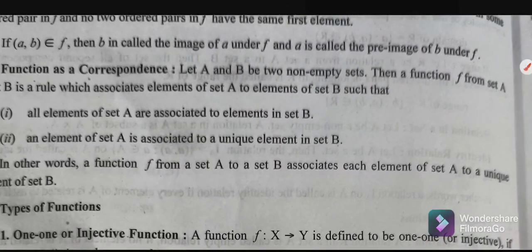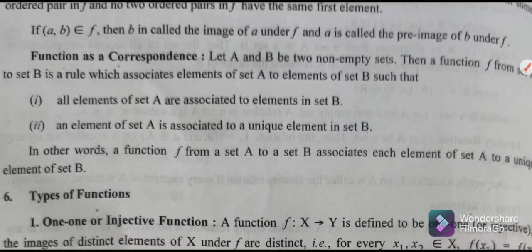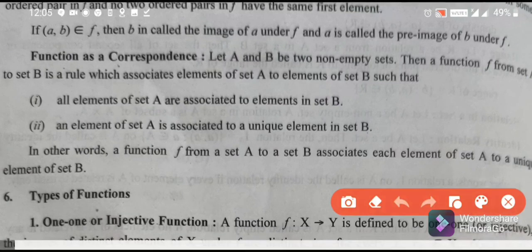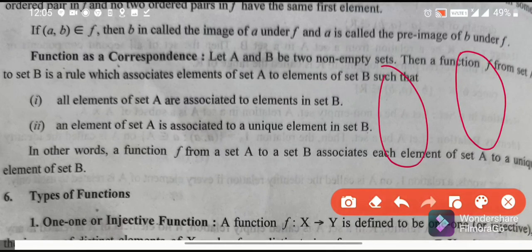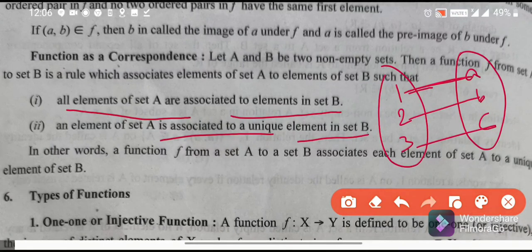Then a function f from set A to B is a rule which associates elements of set A to elements of set B. All elements of set A are associated to elements in set B. An element of set A is associated to a unique element in set B. For example, we have two sets, 1, 2, 3 and A, B and C. All elements of set A are associated to elements of B like this, and every element is associated with a unique element. Then it is called function.